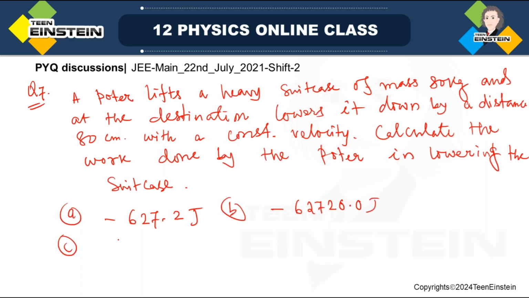Option C is positive 627.2 joule, and option D is 784.0 joule.